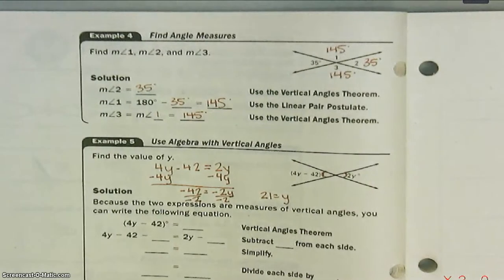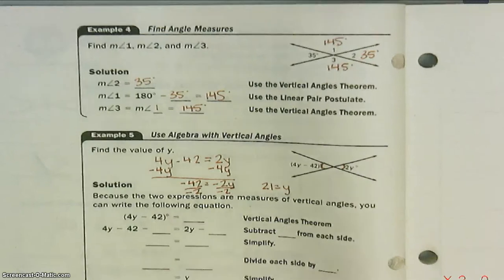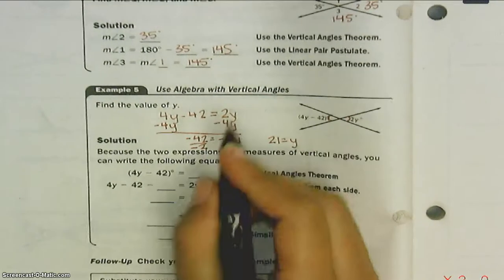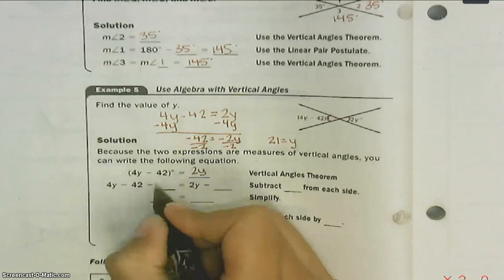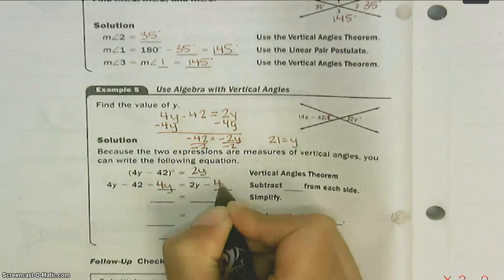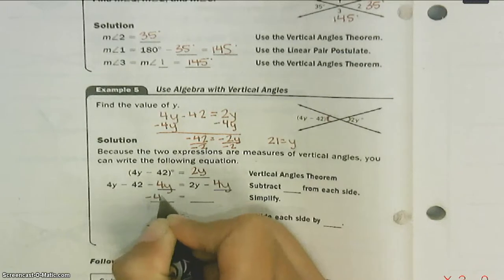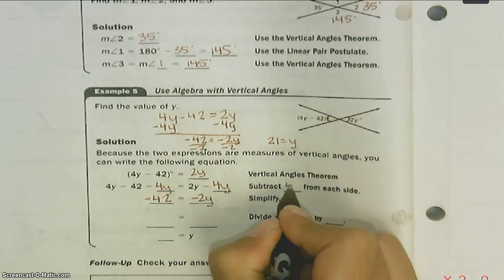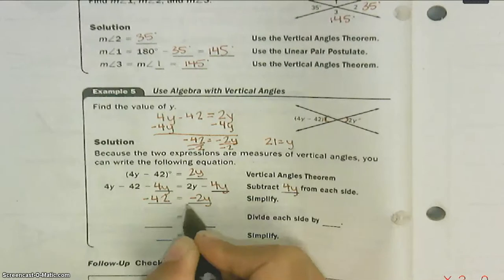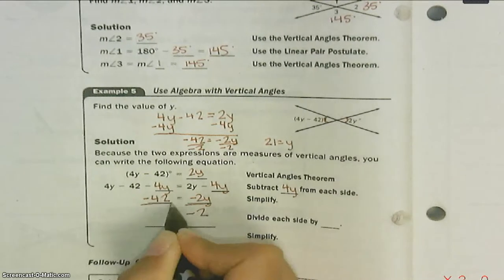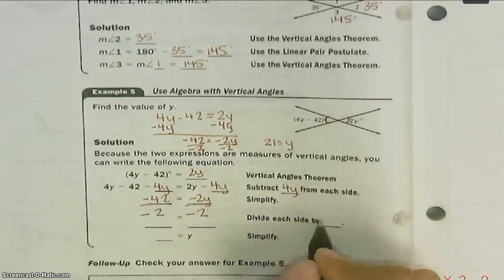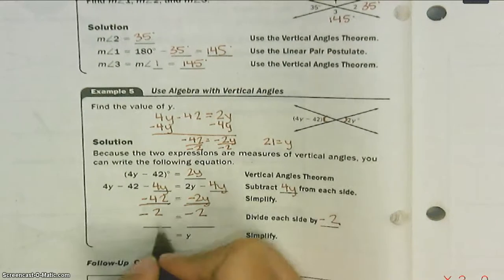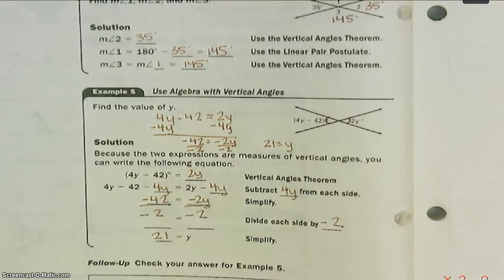And we'll plug that in just to make sure that's correct. If you want to fill in these blanks here, it's the same thing. We subtracted 4y from both sides. So we got negative 42 equals negative 2y. Then we divided by negative 2. We got y equals 21.